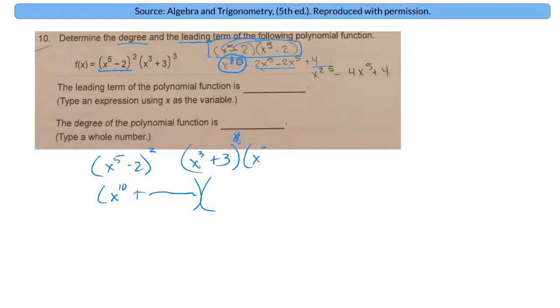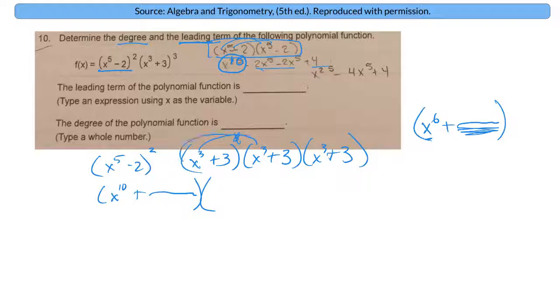So let me write all 3 of them. And if I go this times this, that would get me an x to the 6th plus something. And then again, if all they're asking for is the leading term, I don't care about that something. It's the leading term thing that I'm going to have. Okay, so that's these two multiplied together.